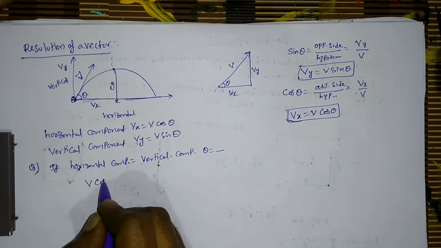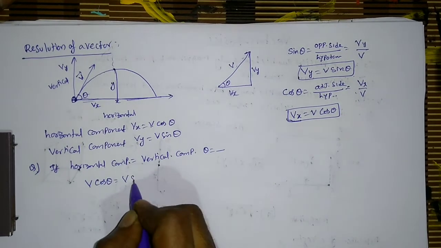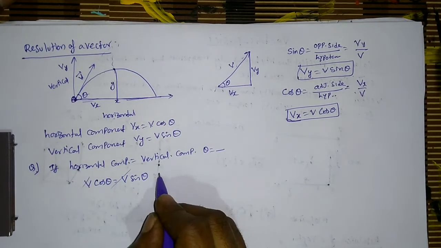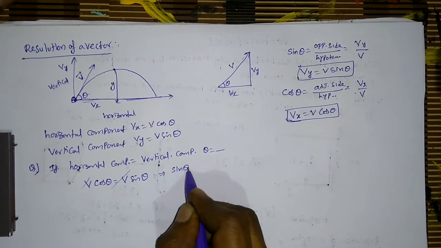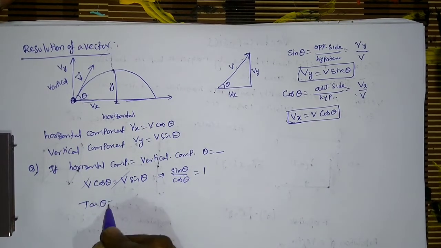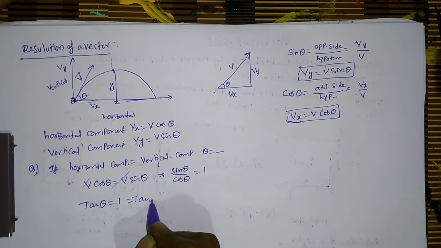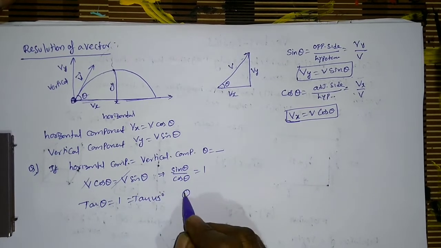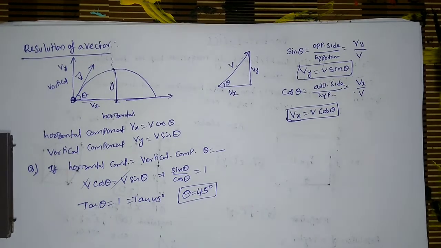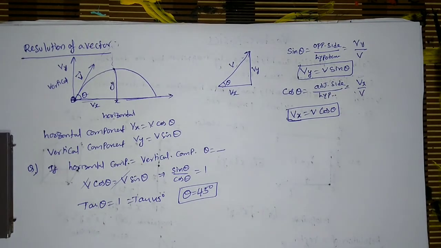That is v cos theta is equal to v sin theta. That means v gets cancelled. We can write sin theta by cos theta is equal to 1, which is tan theta is equal to 1, which is equal to tan 45 degrees. That means the angle of projection is 45 degrees, or simply you can say pi by 4. So in this way we will get this.